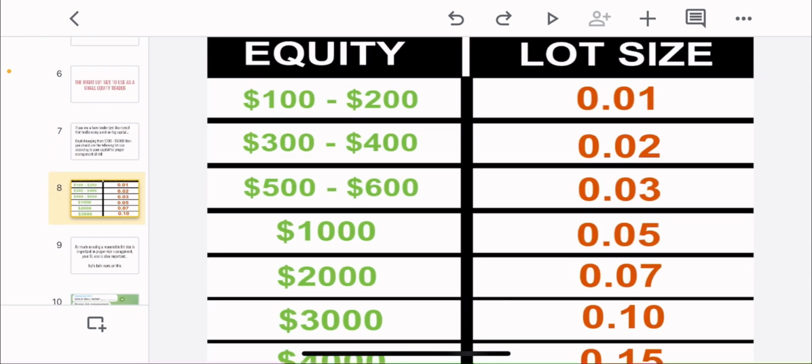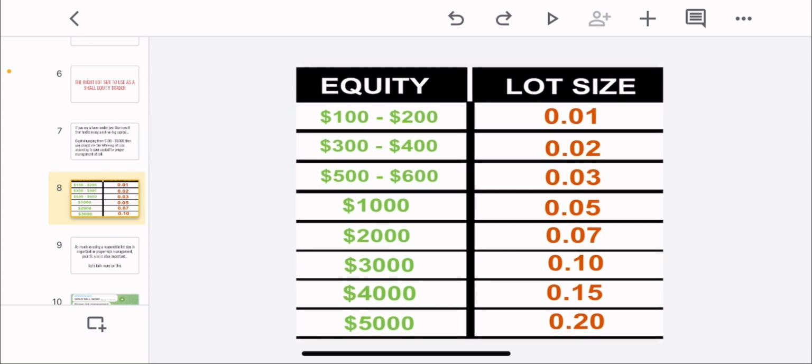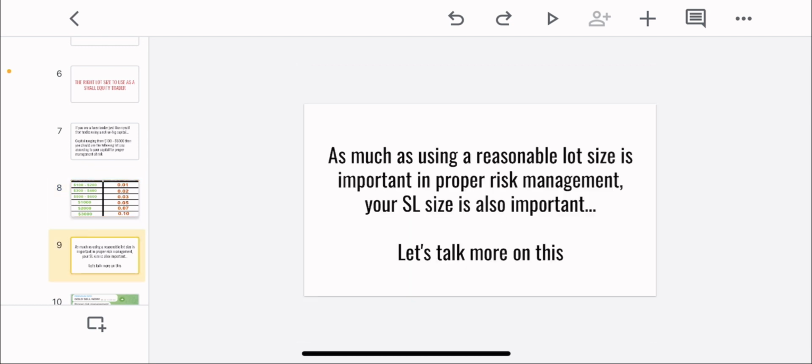As you can see here, for $100, $200 accounts you use 0.01, for $300, $400 accounts, 0.02, for $500, $600 accounts, 0.03, and so on. It just goes like this. This is the lot size you can use to follow a proper risk management plan.